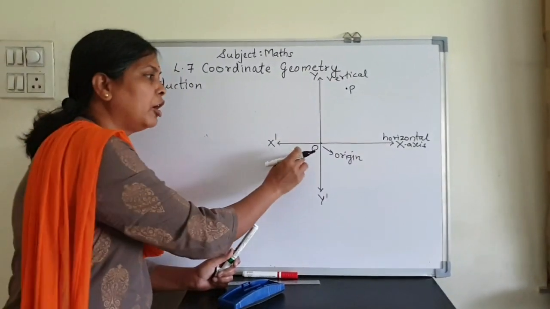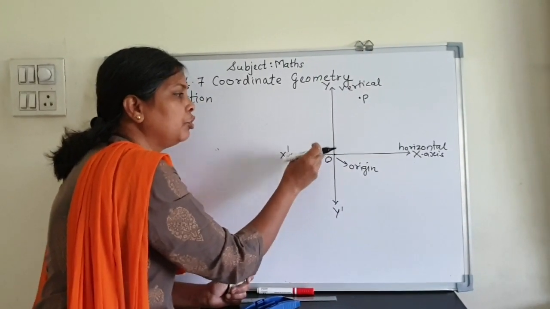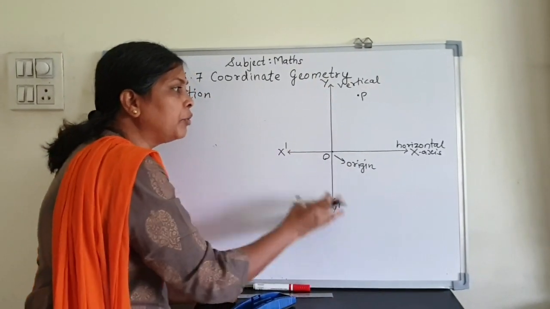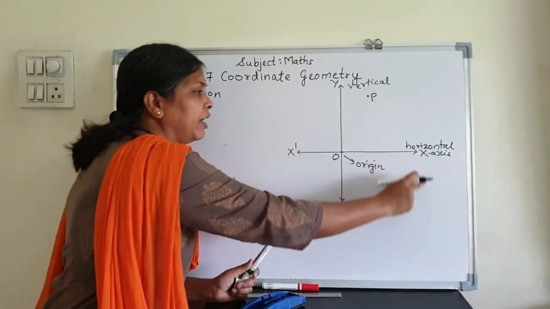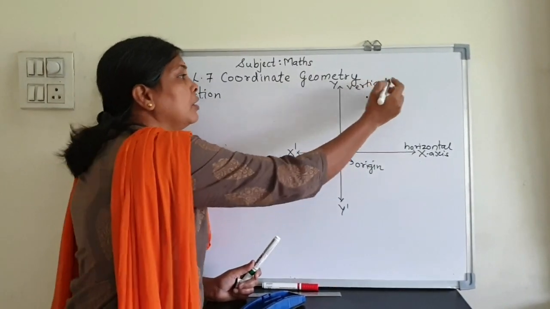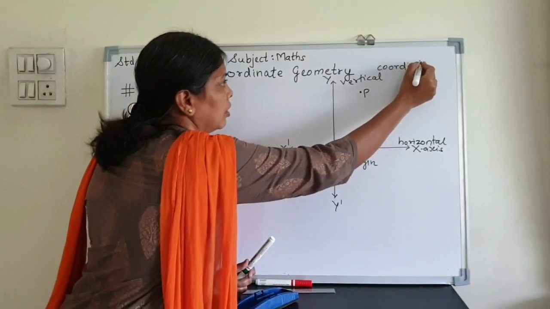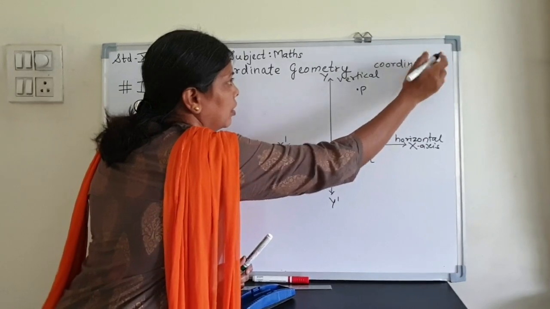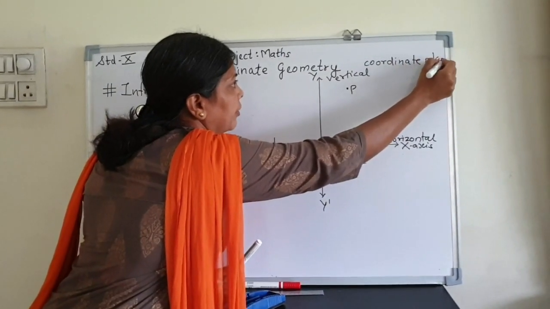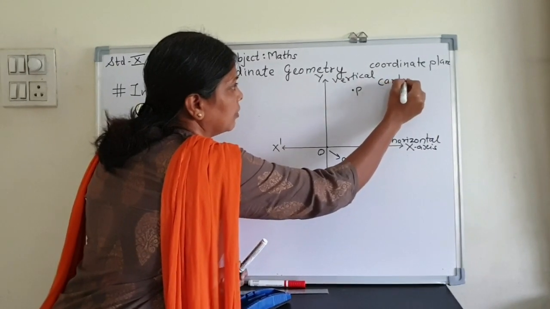So now you have learned, because of this plane, first let me tell you a few things about the coordinate plane. This whole plane, when you draw these perpendicular lines, is known as the coordinate plane, or the Cartesian plane.